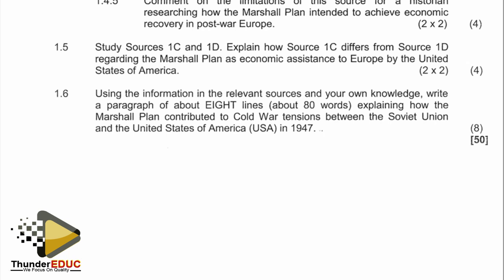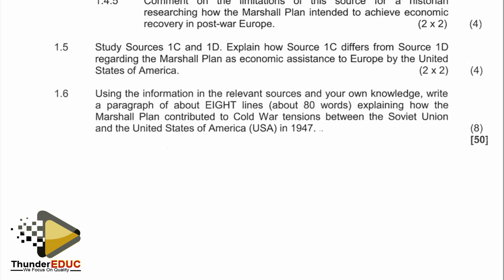So you see how those two are different. One source is portraying it as a light. We all need light. We all need progress. So a light resembles something which is positive. But in source 1D, they are saying it's a very useless strategy which is going to interfere in the affairs of countries and is going to damage Europe.